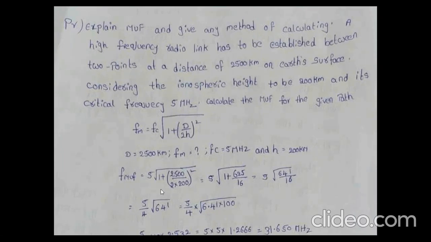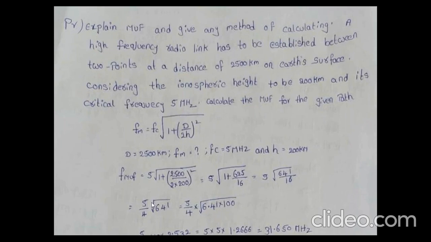So 5 into square root of 1 plus 25 by 4 whole square, which is 625 by 16. Taking the LCM, it is 641 by 16.